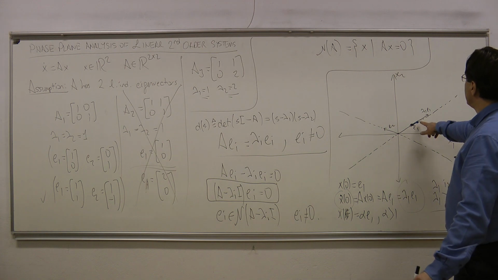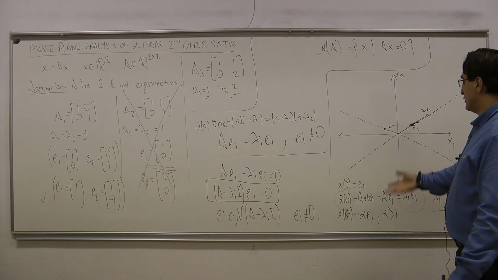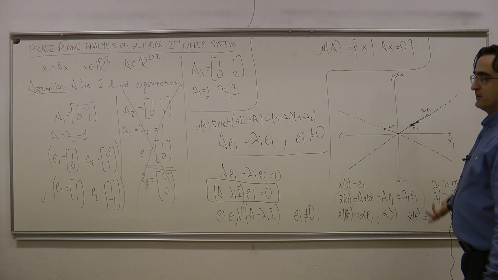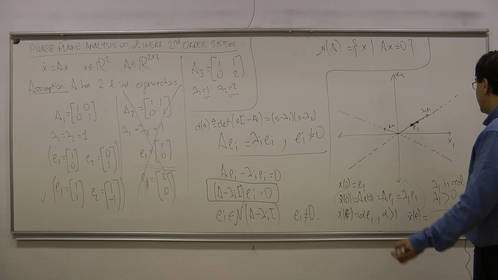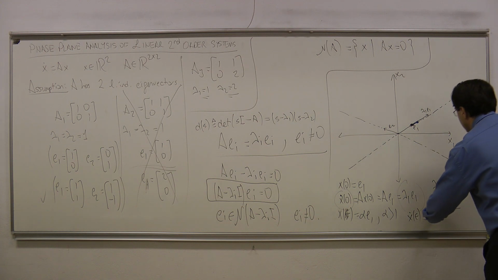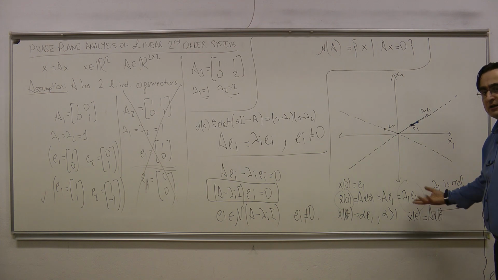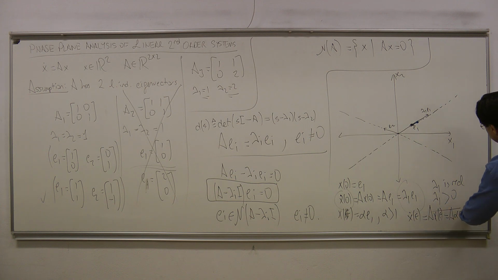In this case, when we come here, what would be the velocity of the state? What would be x dot of epsilon after an infinitesimal amount of time passes starting from time 0? That is going to be a times x of epsilon. Whatever the state, when I multiply it with a, I get the velocity. So I would have a times alpha times E1, and I can take this alpha outside, and I would have a times E1, but a times E1 is lambda 1 E1.